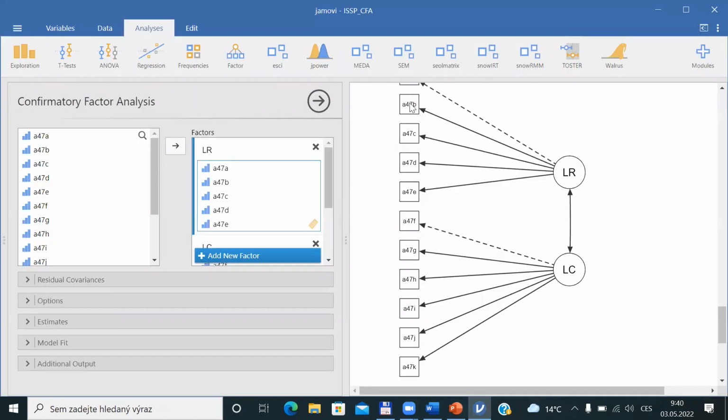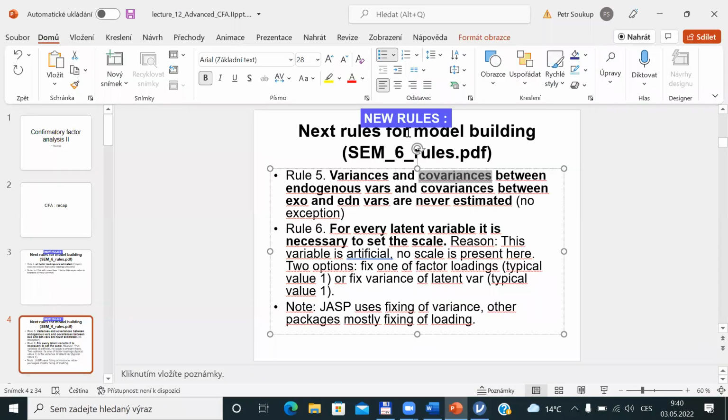So it is impossible in structural equation modeling to make correlations or covariances between endogenous variables. Of course, as in rule number 1, for exogenous variables I expect to estimate their variances, and by default I expect that these exogenous variables are related. So that's just the opposite rule, I would say.